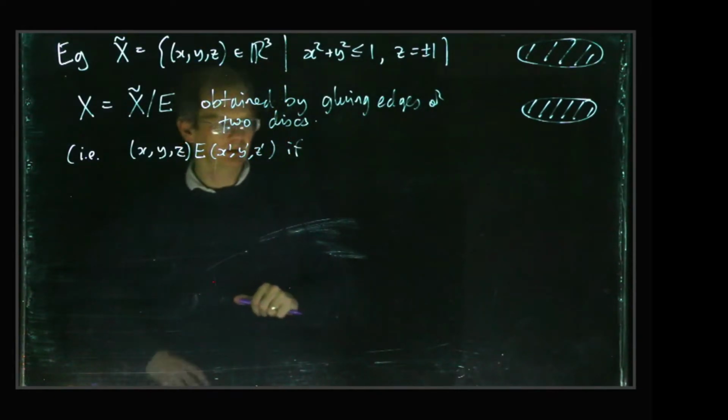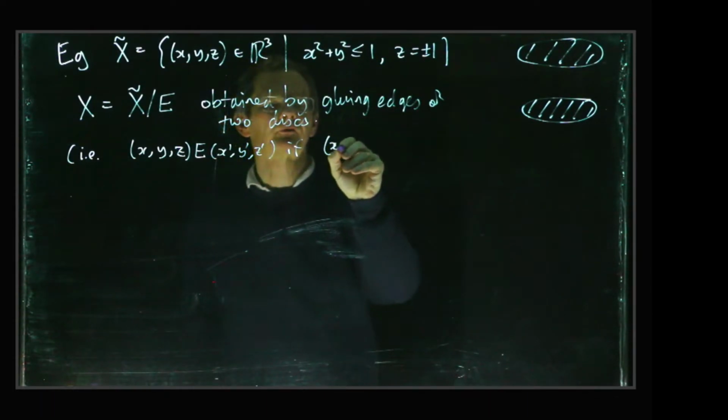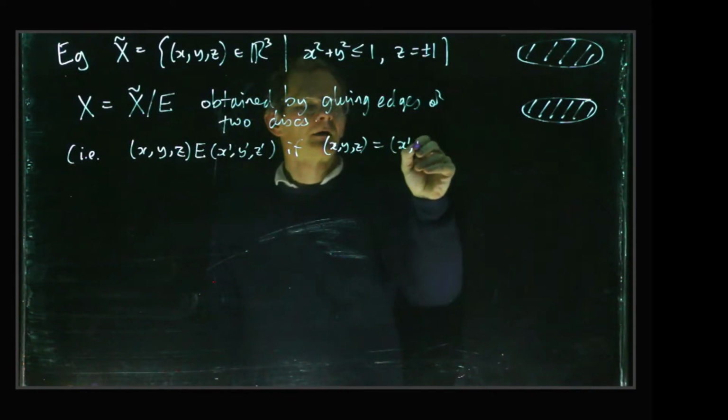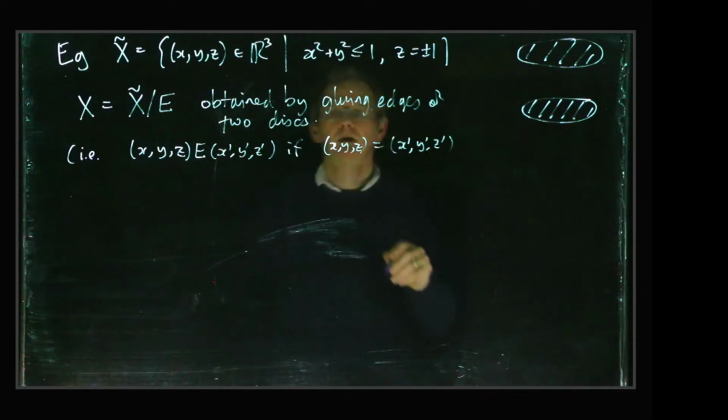in two cases. Firstly, it's got to be an equivalence relation, so everything's got to be related to itself. So we have to include in our definition that things are equivalent if they're the same.